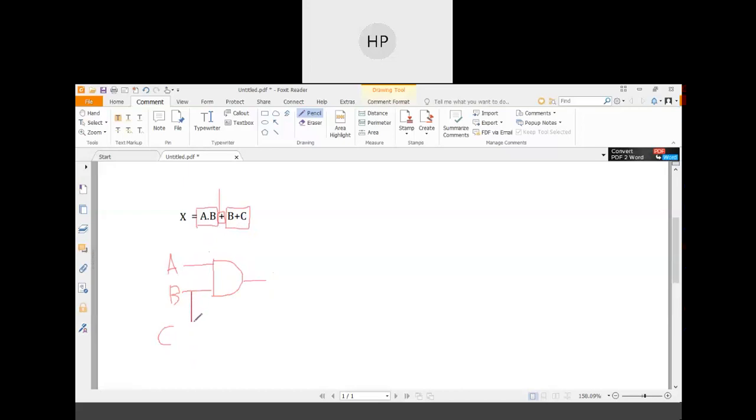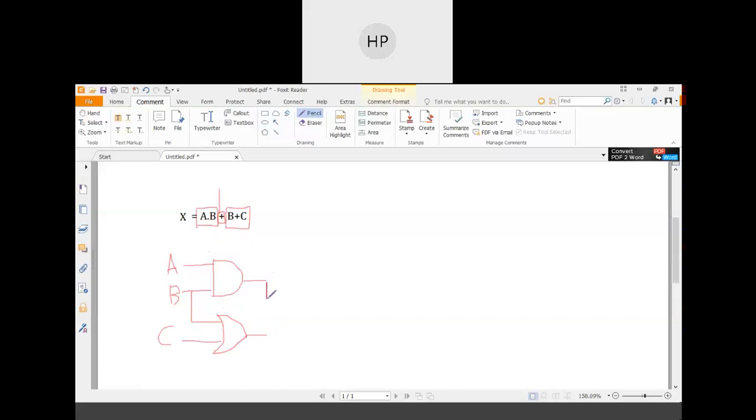Done. Then we have B plus C. B goes like this and C is over here, and it becomes an OR gate because it's addition.